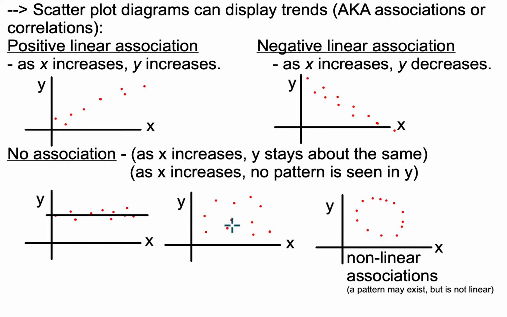And then in that second one here, you can see the dots tend to scatter all over the place. So as x gets bigger or smaller, y, it's all kind of random. Another thing that can happen is that you do have an association, but it is nonlinear. These dots line up in a nice circular pattern. The pattern does exist, but it's not a linear one.